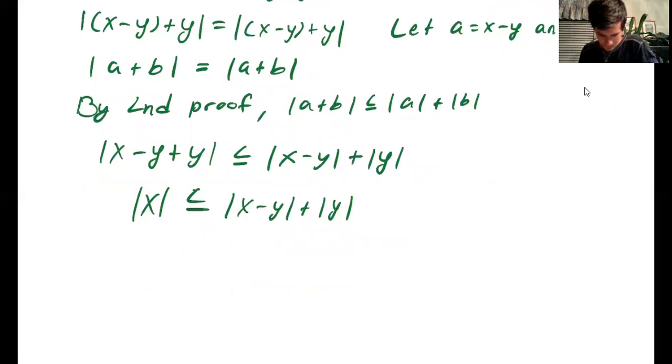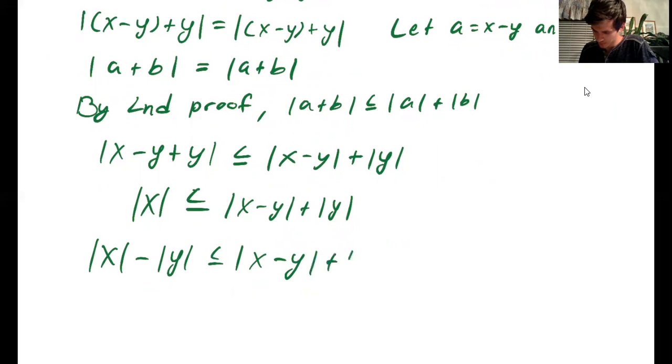And we're going to subtract the absolute value of y from both sides to get the absolute value of x minus the absolute value of y is less than or equal to the absolute value of x minus y plus the absolute value of y minus the absolute value of y. So notice this got even smaller.